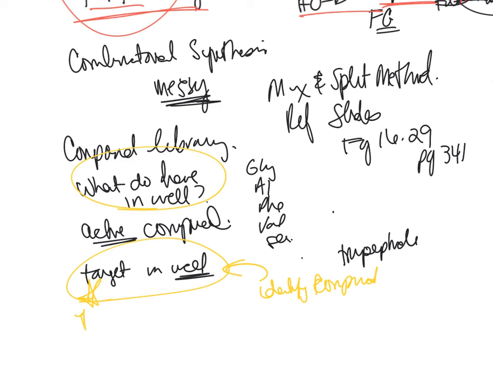And you see them on page 341, tagging and barcoding. What you do a lot of times is on your resin, you will have something on that resin that can have a certain retention time.